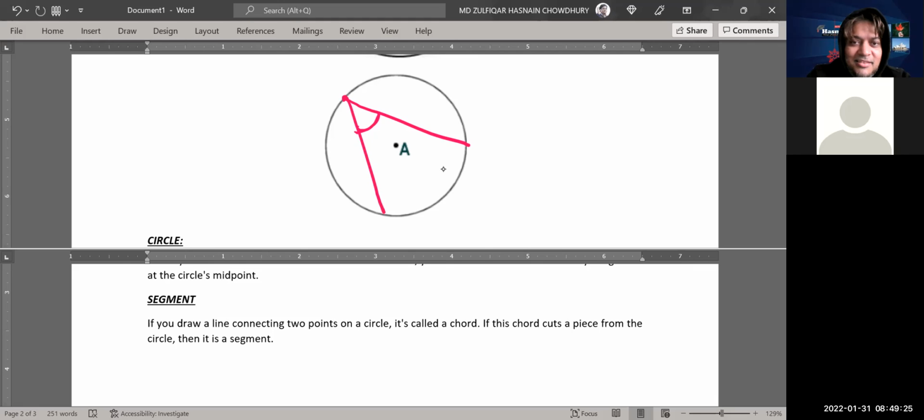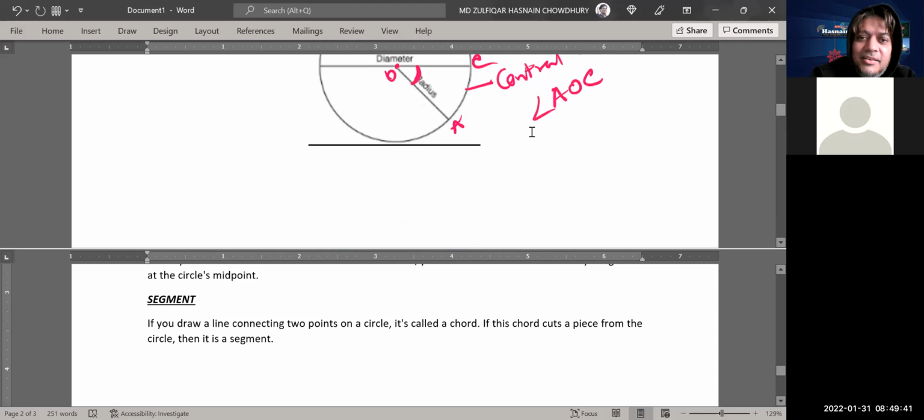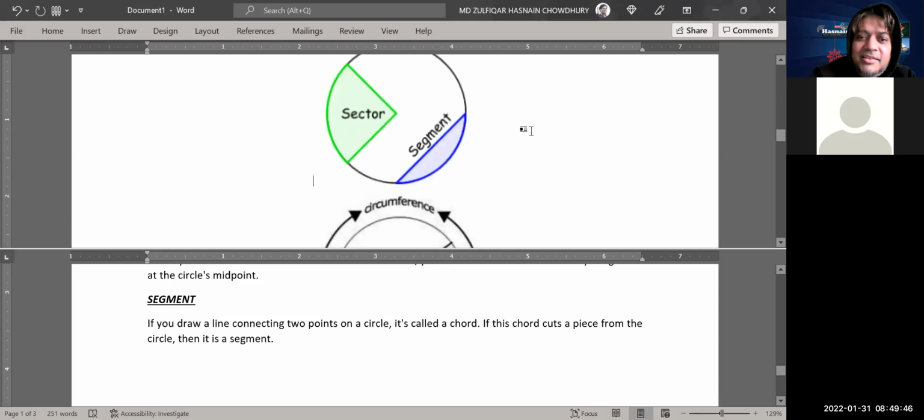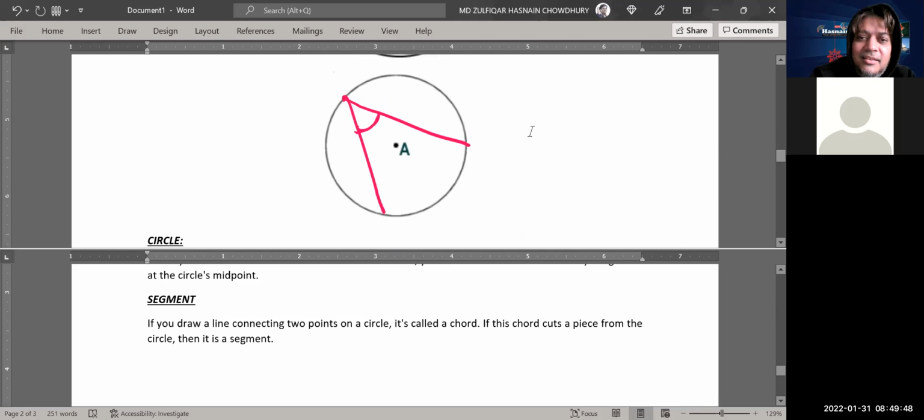Well, yes, but it's taking up the whole circle. But is it the same as the angle you learned a bit earlier from the center? No. This one was in the center. Is it in the center? No, it's on the circumference.